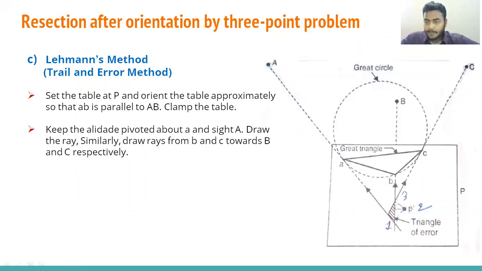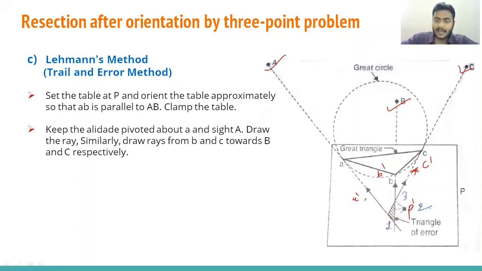Now we have selected P dash from Lehmann's rule, then sight A, then sight B, then sight C. You will get different points, like A dash, similarly B dash, similarly C dash, right? Then we can draw the rays in this case, and you will see again we got the triangle of error, meaning we got a triangle, not a point.